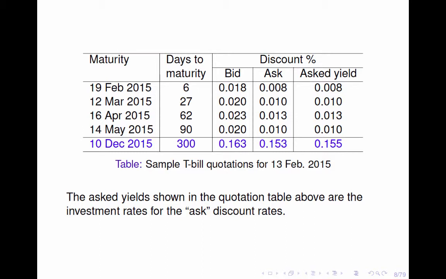According to the formula defined in the previous two slides, it is not difficult to get the corresponding true yield for the cases when the time to maturity is less than half a year. We listed the true yield for the asked discount rates in the last column. For the last quotation, highlighted in blue, the calculation of the investment rate is slightly more complicated, and we'll see in the next two slides.